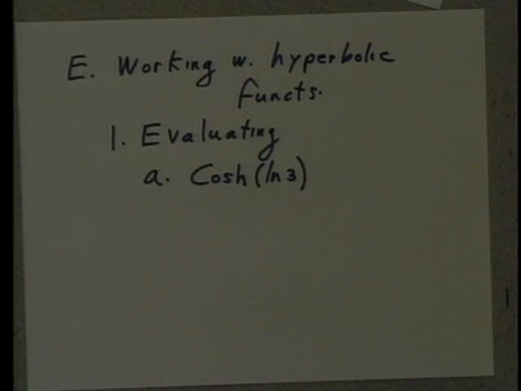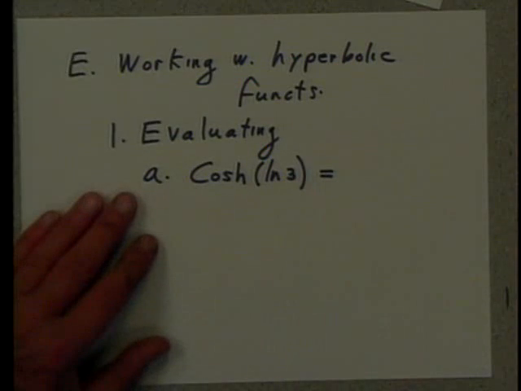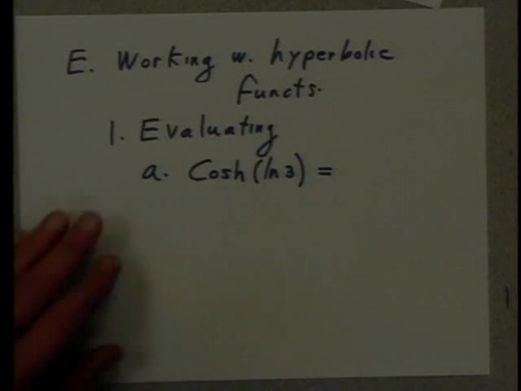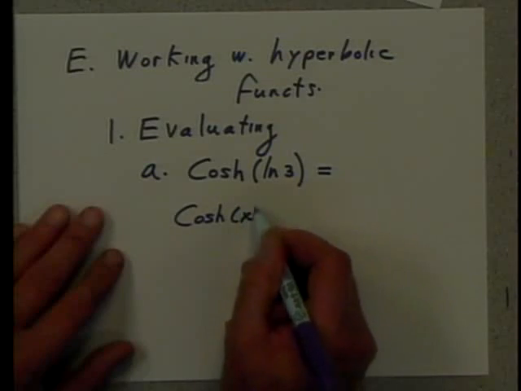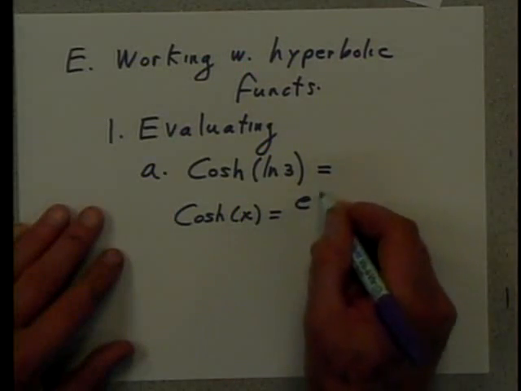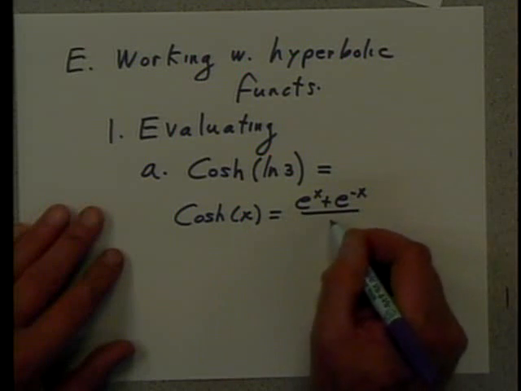Yes, you could type it in your calculator and it would probably do it just fine. But I want to go through the steps doing it by hand so you can see why the answer turns out the way it does. You do have to remember that the cosh of x in general was what? e to the x plus e to the minus x, over 2.